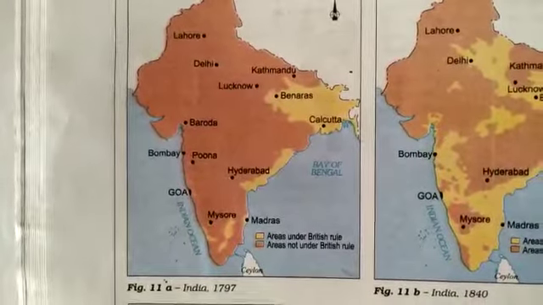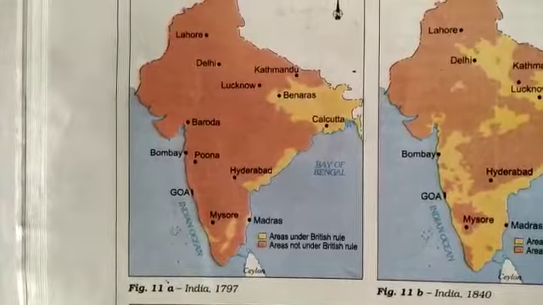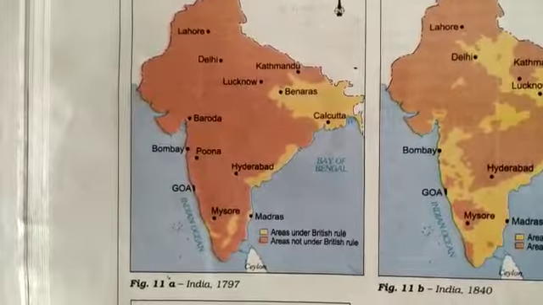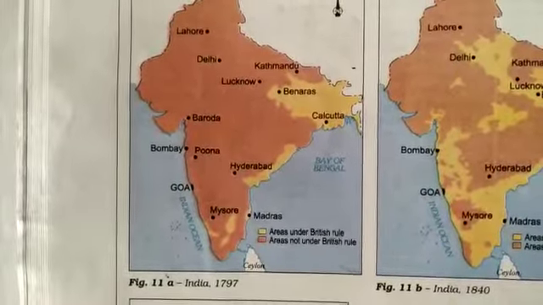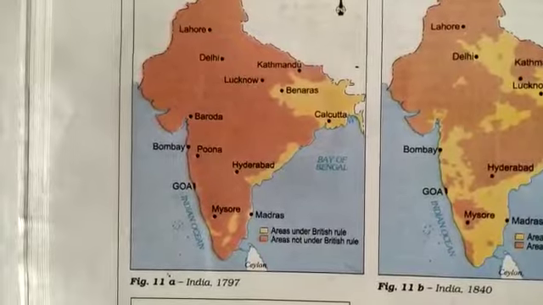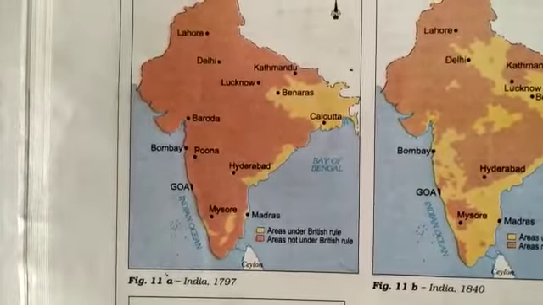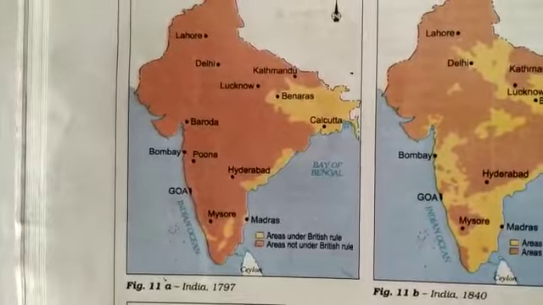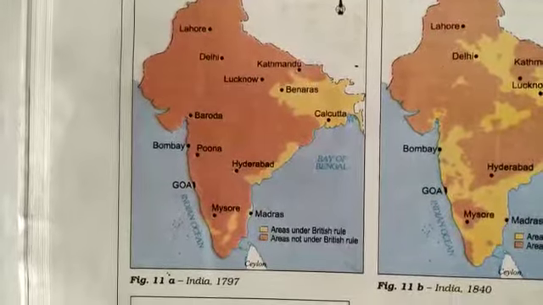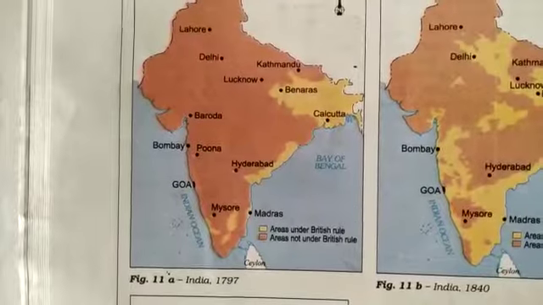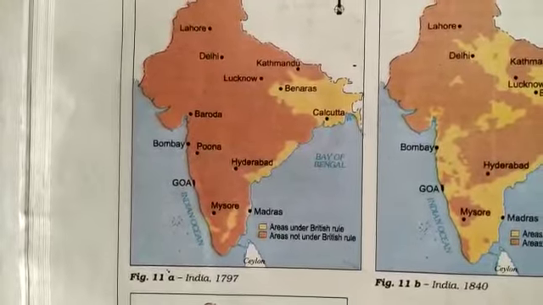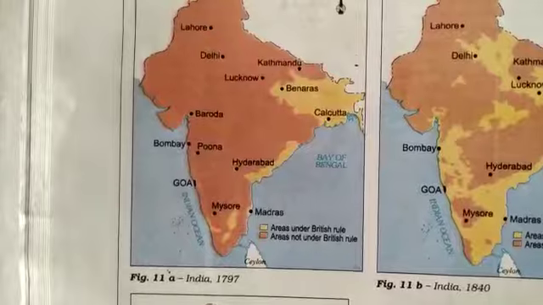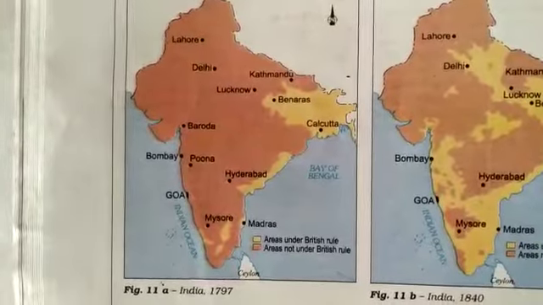As you can see, the British East India Company established their power only in Bengal, and they extended it up to the present day Bihar and the eastern part of Uttar Pradesh, and then the Coromandel coast you can see, and then little Madras, and then in the south also a very small territory under their control.